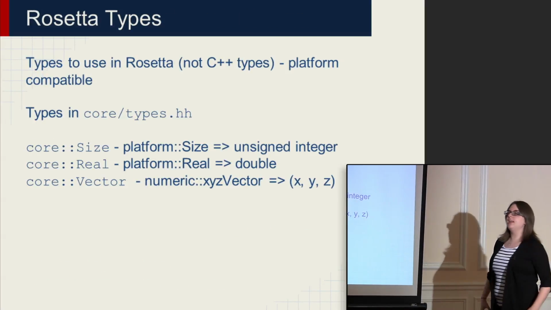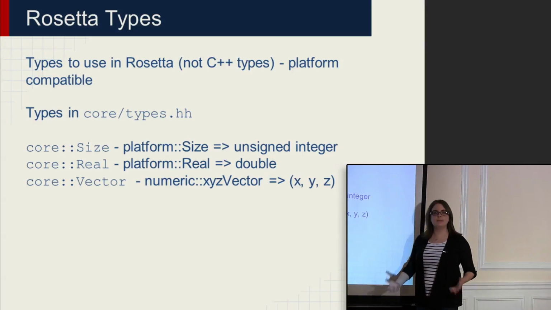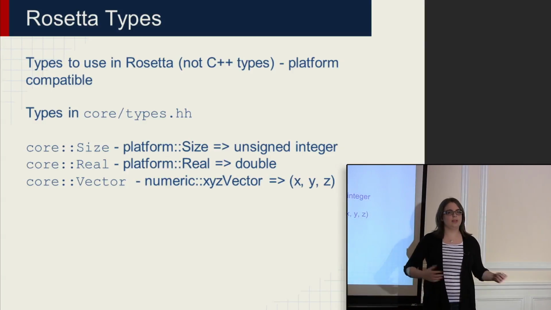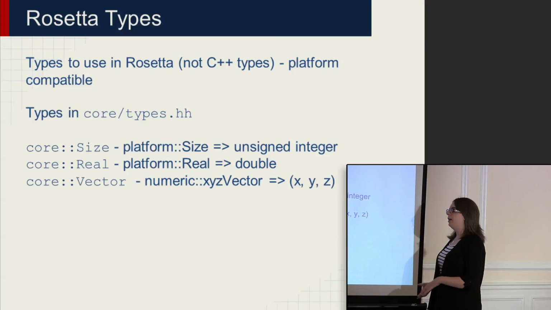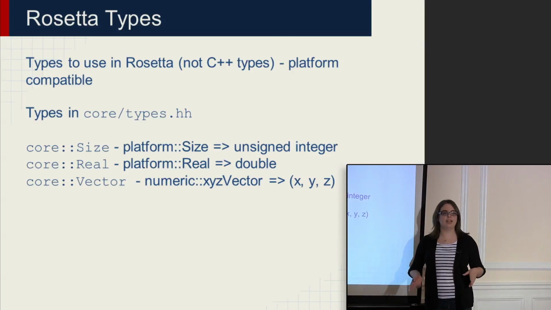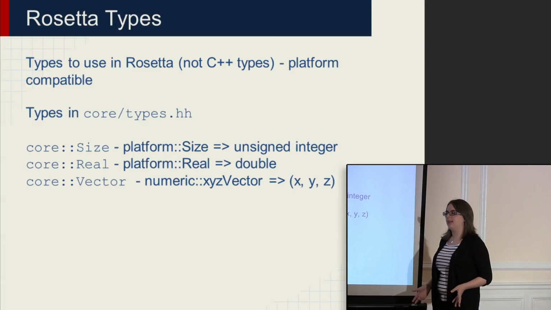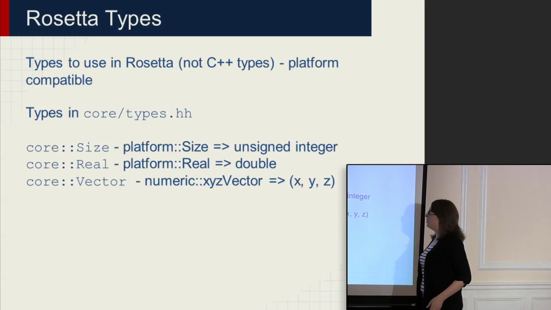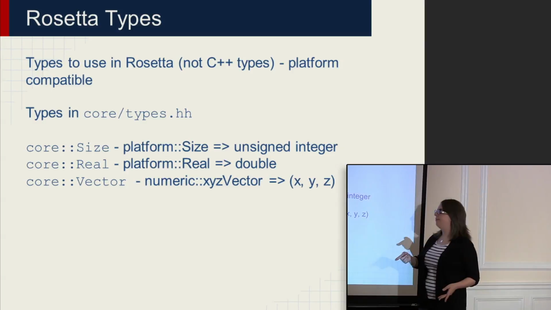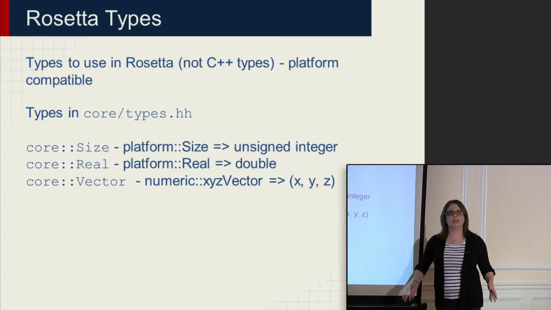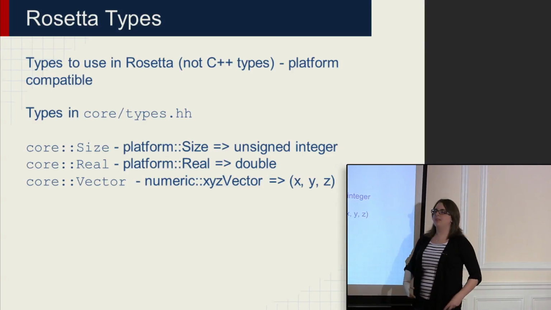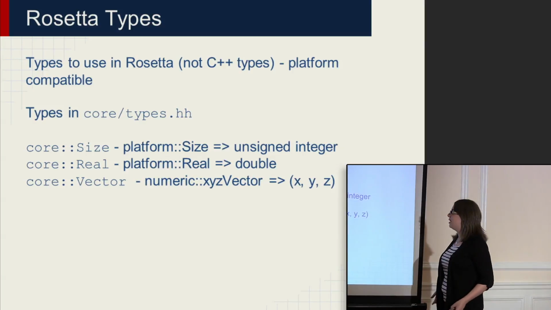Next, Rosetta has its own set of types that we use instead of some of the standard types. In core, there's a file called types.hh, and you should see these different types scattered throughout Rosetta. It's good to know what they are. A core size is just a typedef from a platform size. This is just an unsigned integer, so you shouldn't use ints. I think you're supposed to use core sizes.